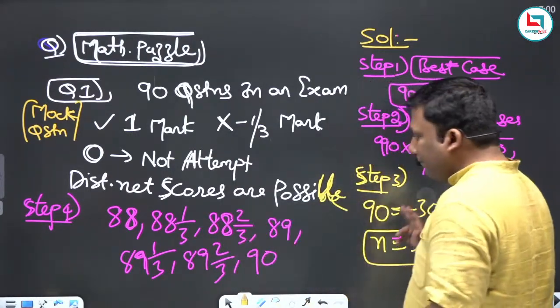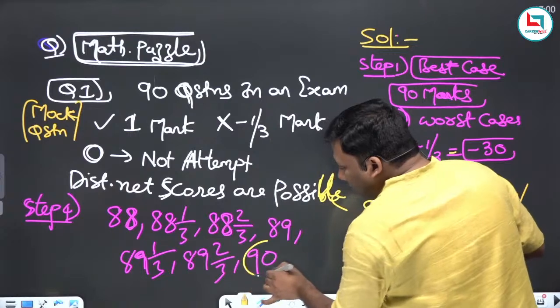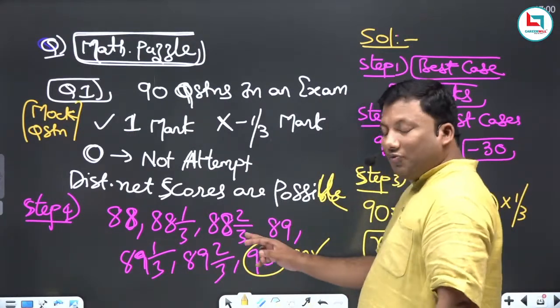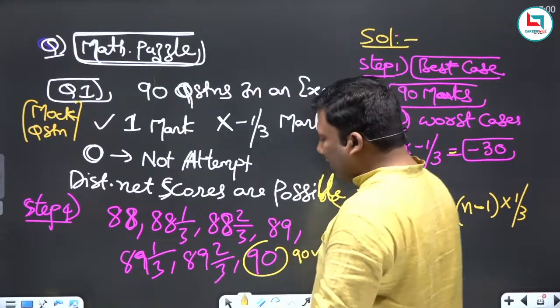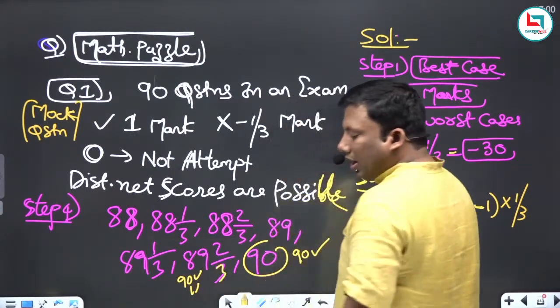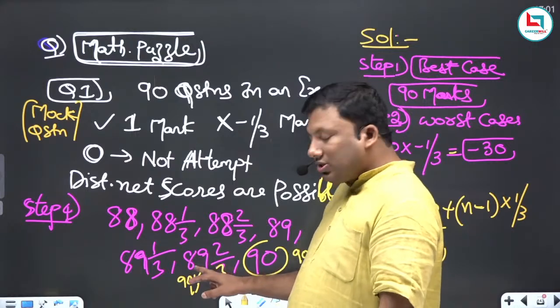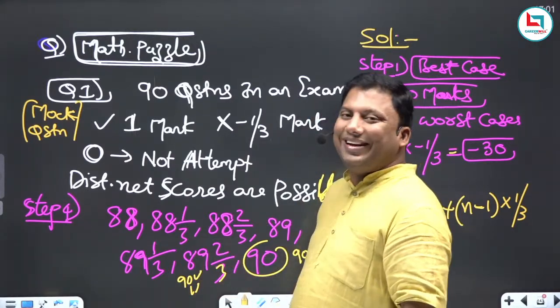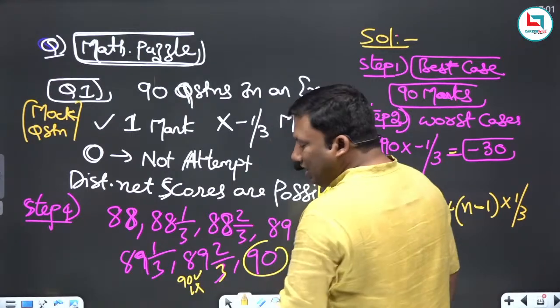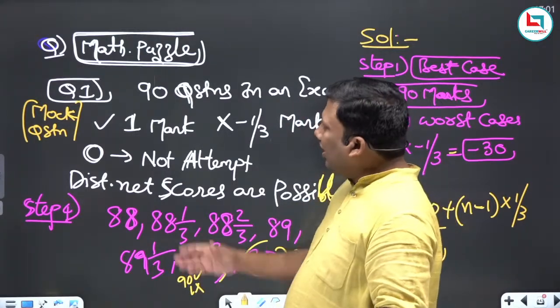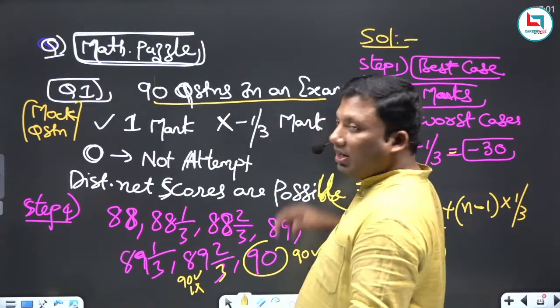Listen carefully. 90 means all 90 attempted, all 90 right. When do I get 89 2 by 3? 90 right, 1 wrong: 90 minus 1 by 3 is 89 2 by 3. Actually, how many questions are there? 90 questions.